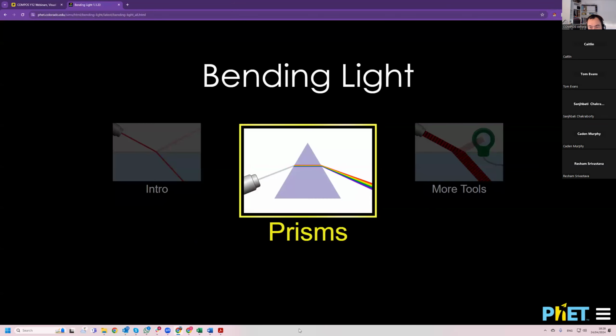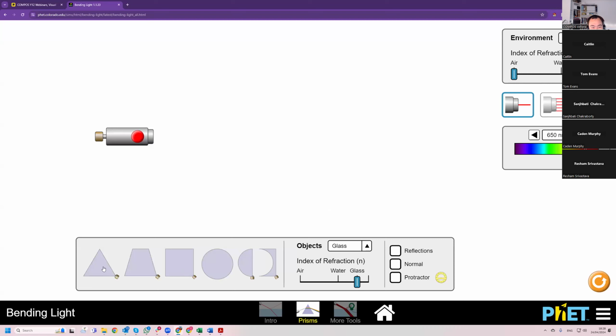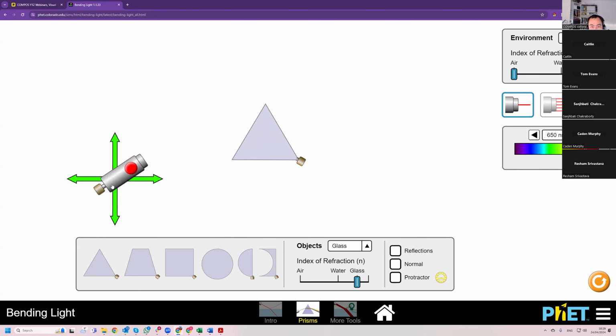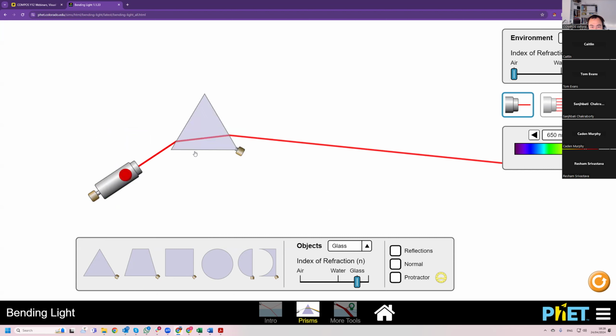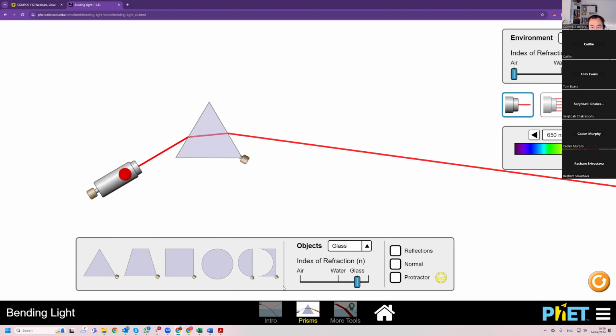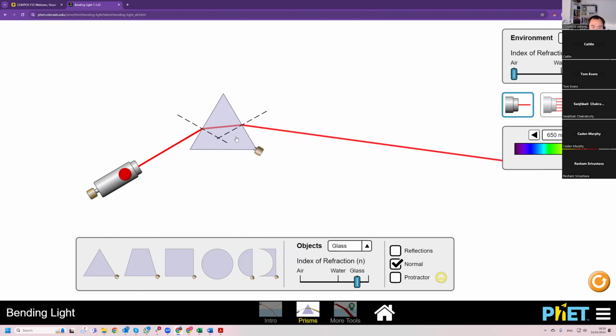If you take a prism and you shine some light through it, it bends twice. And if you draw the normals, you can then measure the angles of incidence and angles of refraction.